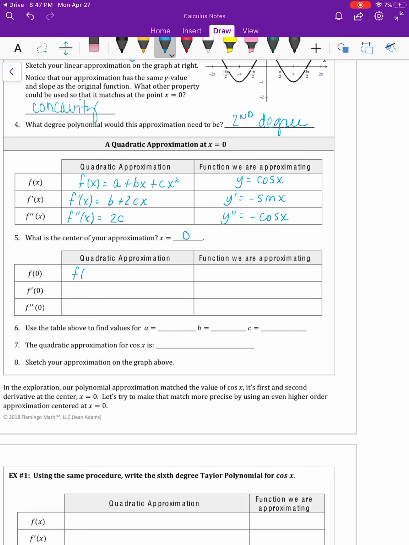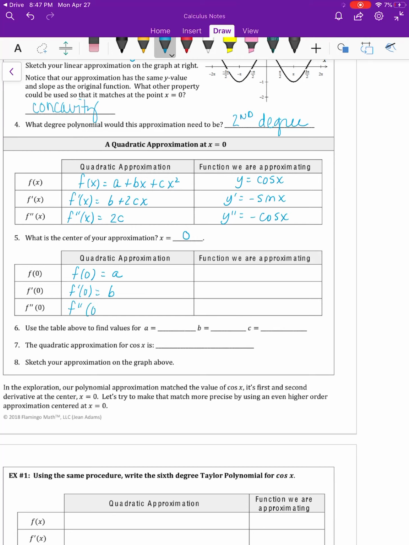Now they want us to find f of 0. So my f of 0 here is where my x is 0. Well, if my x is 0, I don't have a b or a c. All I have is an a, right? Because my zeros cancel out those two terms. And then my f prime of 0, if I put in 0 for x, it's going to cancel out that 2cx.